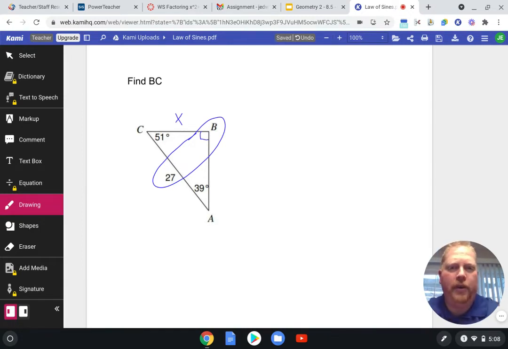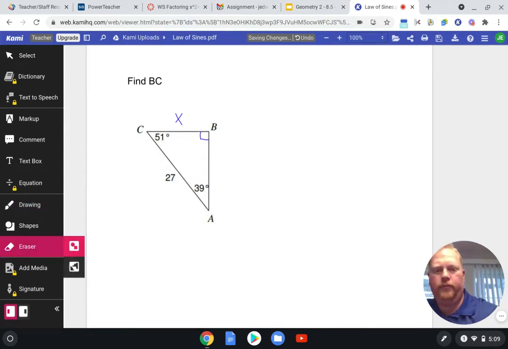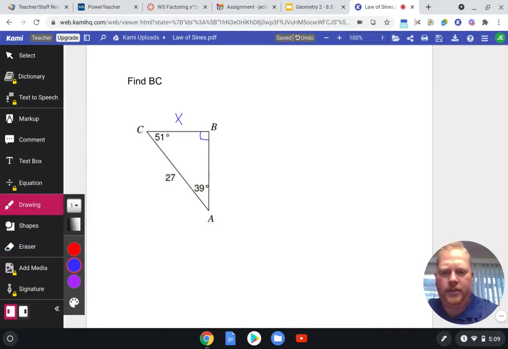I'm going to go ahead and stop right there because we're in a unique situation. Because B is exactly 90 degrees, this is suddenly a right triangle, and I no longer need the law of sines. I can now use just regular trigonometry, sine, cosine, and tangent. So here's how we're going to do this.